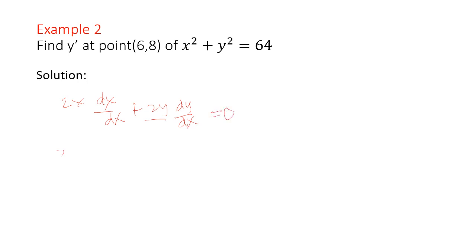So 2y dy over dx equals minus 2x dx over dx, so dy over dx equals minus 2x over 2y.